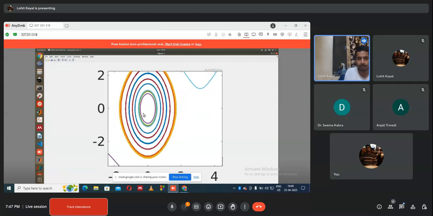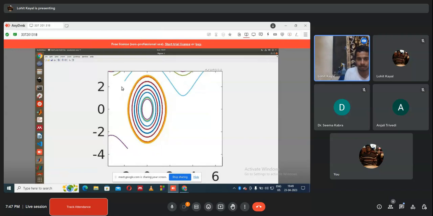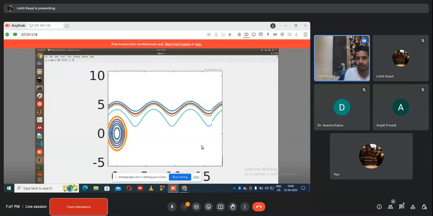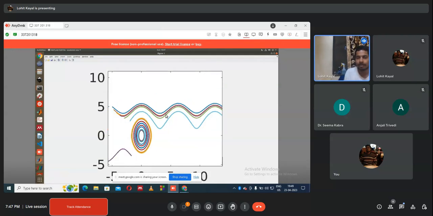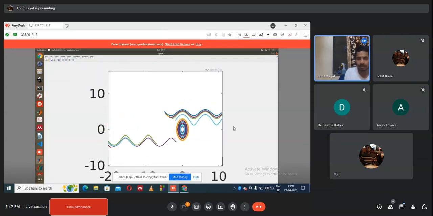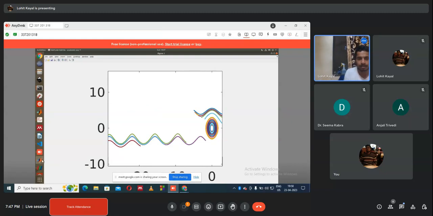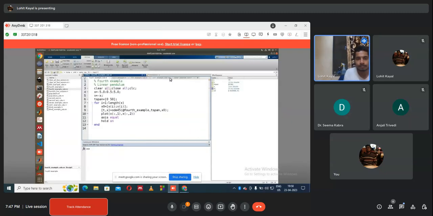You can see that the shape is distorted, and over that there is some wavy kind of pattern. Instead of x of 1, I have considered sine of x1, and everything changes. I will not go into detail of why this happens, but just for your enjoyment.